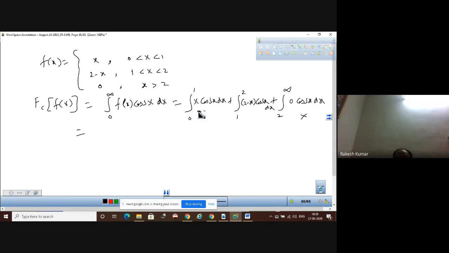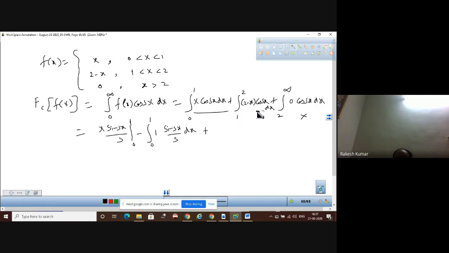It is simple. Now you just need to integrate this. You can integrate the first integral by parts. First function as it is, integral of cos is sin sx upon s, limits 0 to 1. The derivative of x will be 1, and integration of cos is sin sx over s.